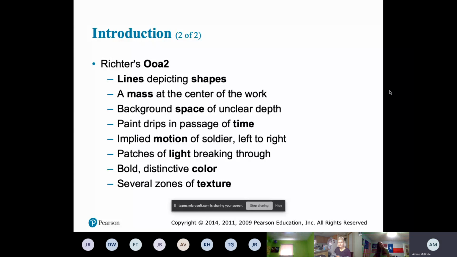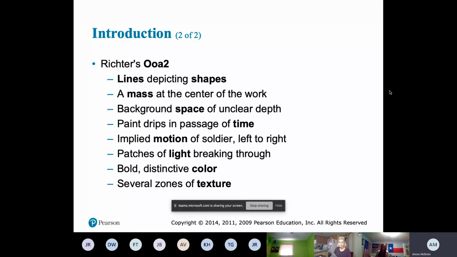You can also use certain techniques and tricks using lines and shapes and mass to define space and make things look like there is a background, even if there doesn't really look like there is one originally, especially on a two-dimensional surface, because it's really hard to make a full background on a flat space. So you have to use lines and shapes to do that.